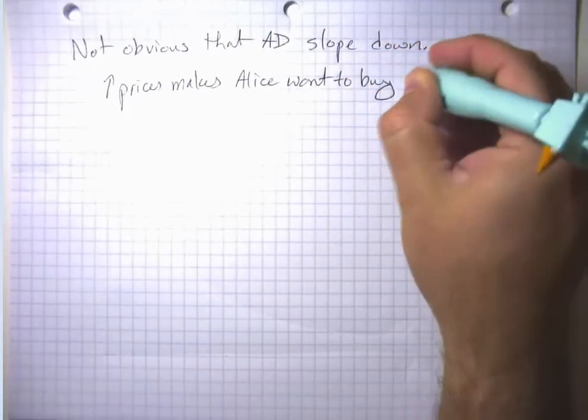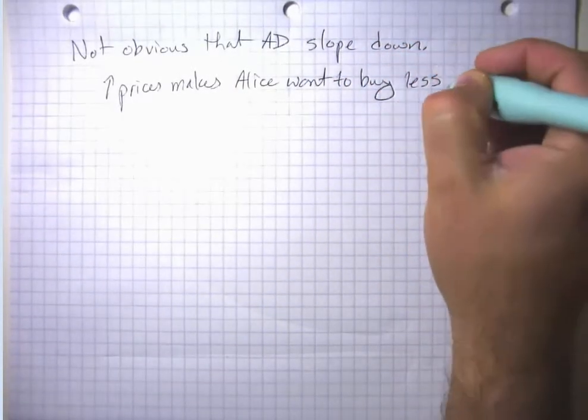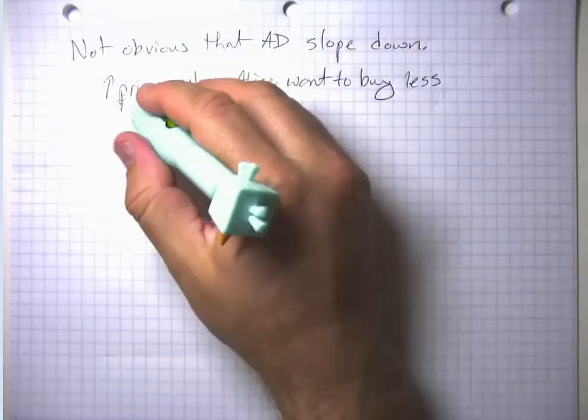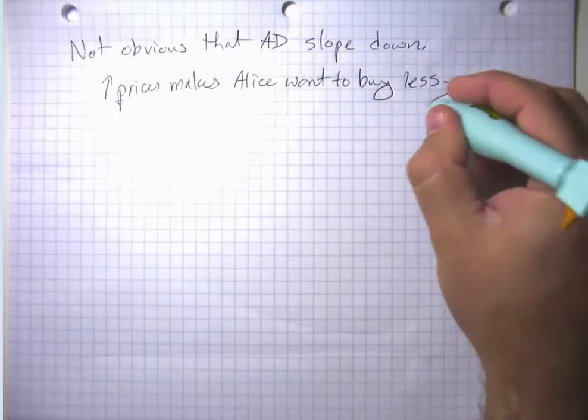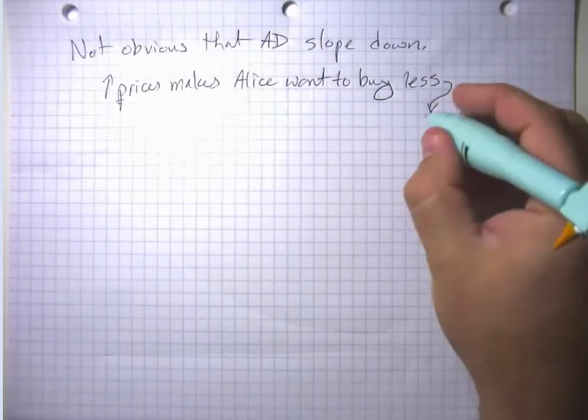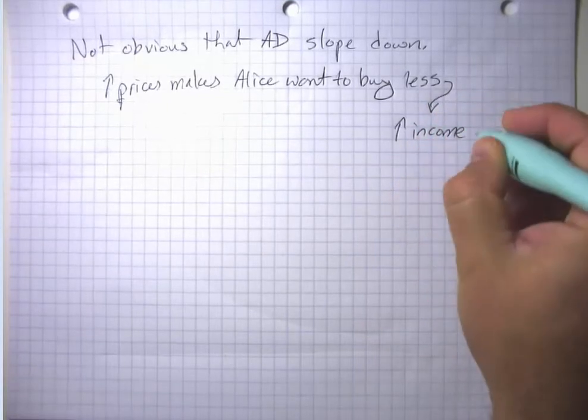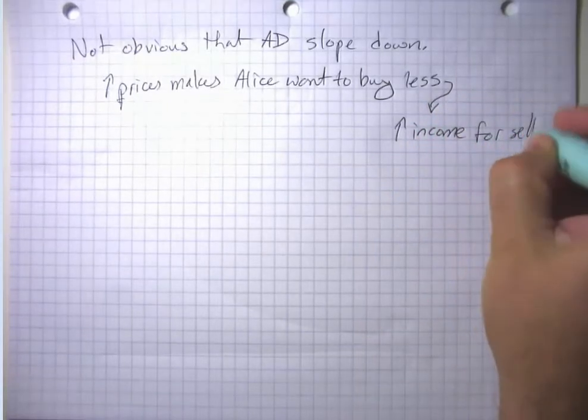That's certainly how it works in a microeconomic context, because essentially Alice can't afford as much, right? But it's also true that an increase in prices leads to higher income for seller Bob.